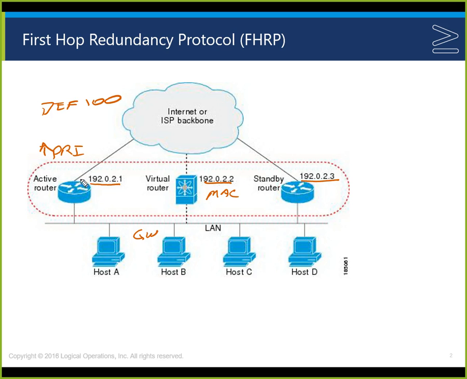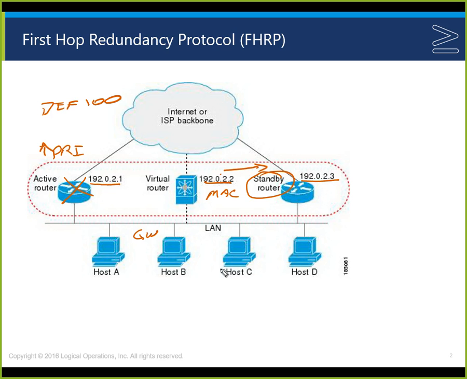If this active router goes off, the standby router automatically assumes the responsibility, and this IP address shifts from over here to over here, so that we don't really lose anything. The traffic continues to flow. What's the downside? We got one router just kind of hanging around, not doing a whole lot of anything.